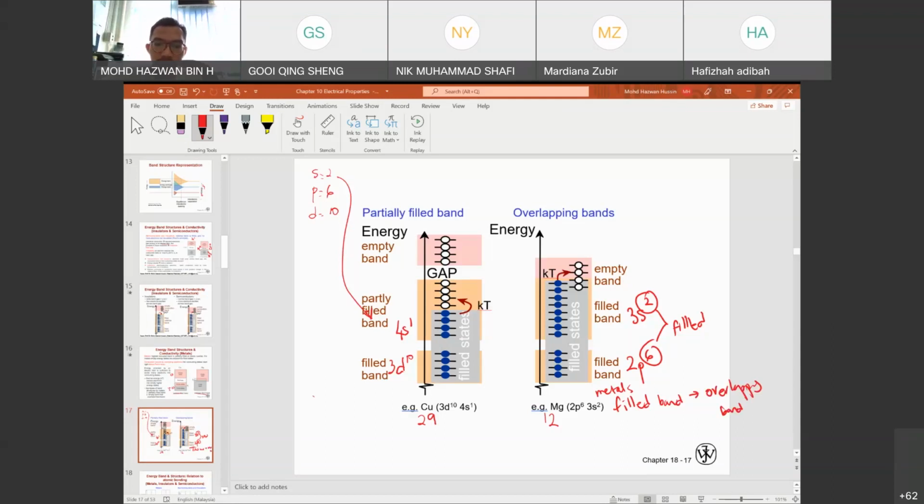Meanwhile, if you have a metal that has a partially filled band, then it will follow this energy band diagram. So remember, for metals or conducting materials, you have two different energy bands: partially filled and overlapping. Overlapping means you have a filled band, and partial means it has a partially filled valence band.